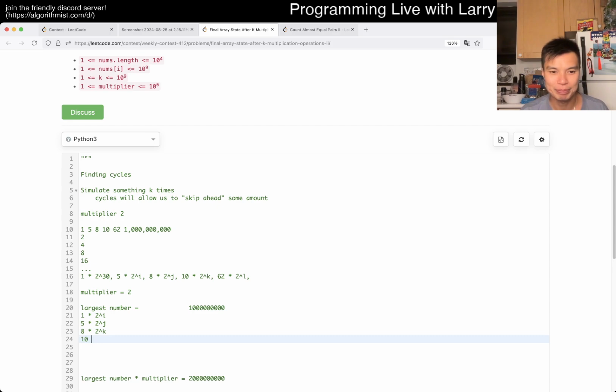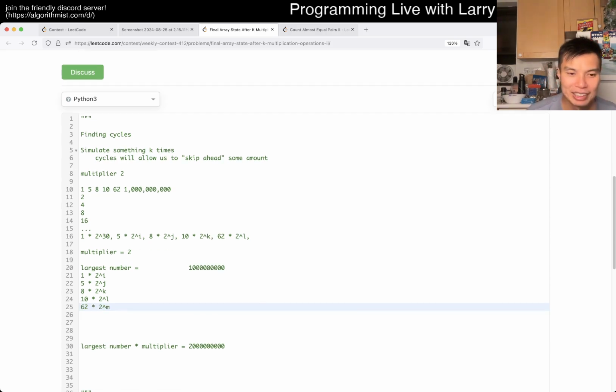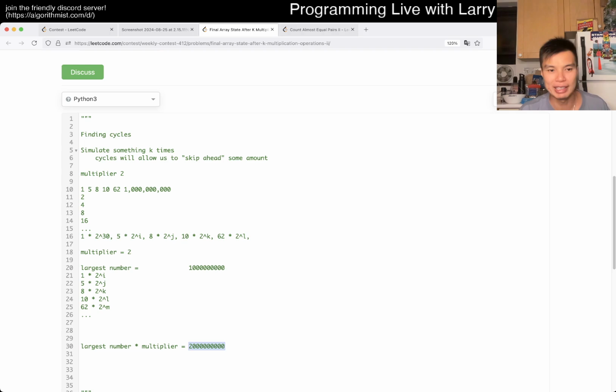Then K, L, I'm running out of letters, but in any case, dot, dot, dot. So now all the numbers behind it are going to be less than 2 billion, the largest number at the beginning times the multiplier, because of what we just said.